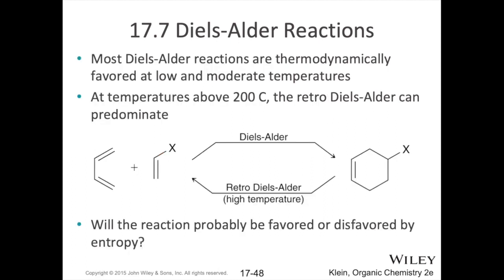Now, in addition to a Diels-Alder reaction, you could do the reverse reaction, what's called a retro-Diels-Alder. Typically, high temperatures favor your retro Diels-Alder, which can be kind of tricky when you're trying to do a Diels-Alder reaction, because since you're doing this at a lower temperature, you also have a lower rate of reaction, right?